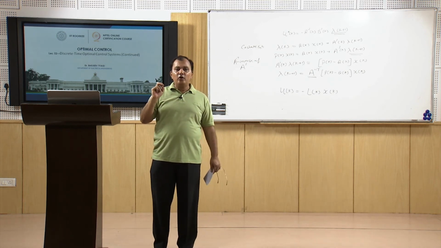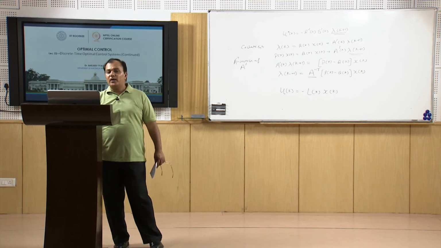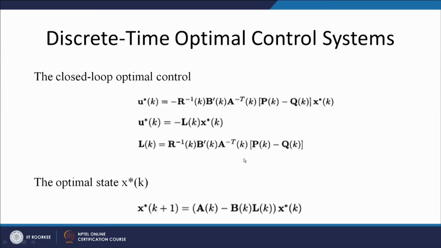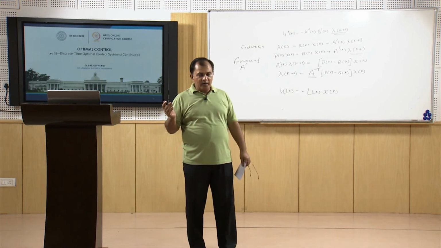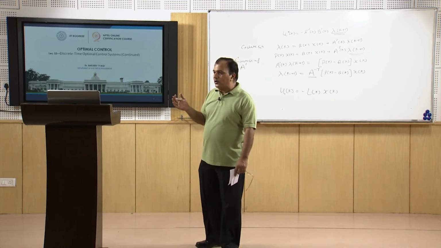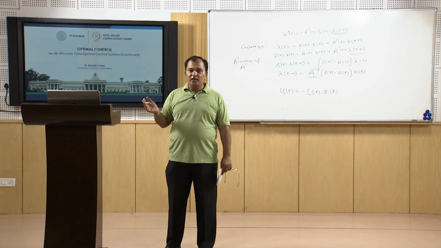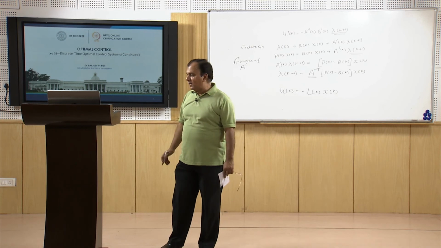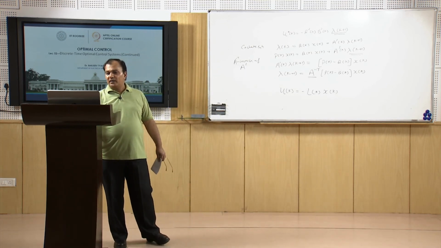If A is a singular matrix, then the inverse of A will not be possible. So, this problem we can eliminate utilizing the alternate form of my Riccati equation, which we will discuss in the next class. So, today I stop my discussion at this point.